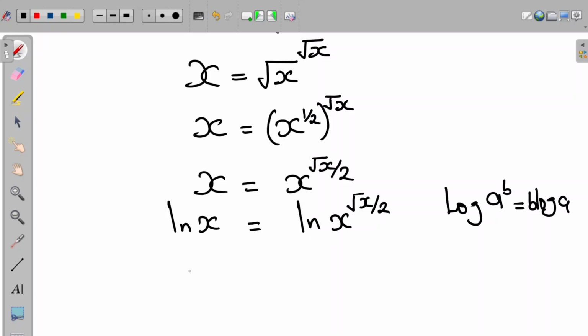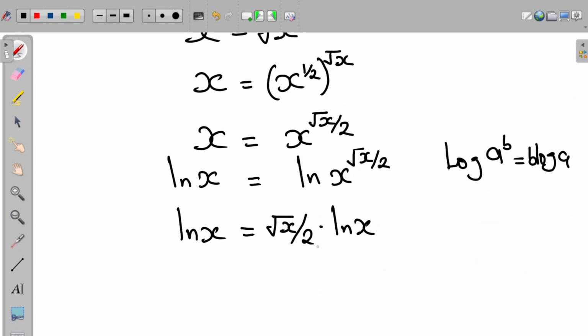So therefore, here we have that ln x will be equal to root x divided by 2 multiplied by ln x.